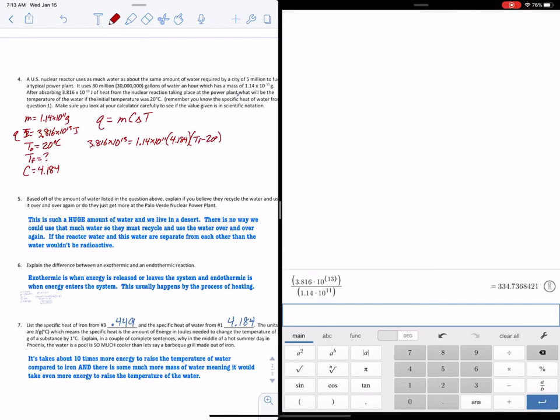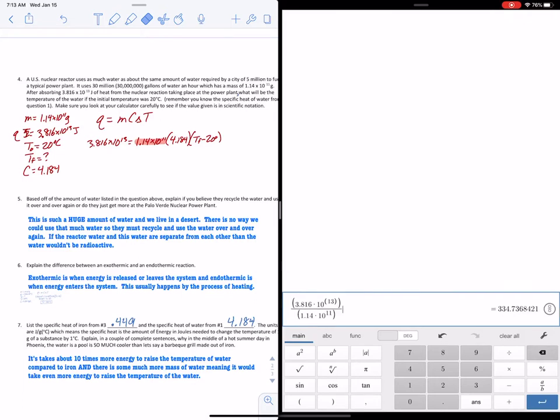right? Enter. So now I've moved this over to the other side, right? Because I divided this side by 1.14 times 10 to the 11th. So I got that answer. Now I need to divide by 4.184 again.